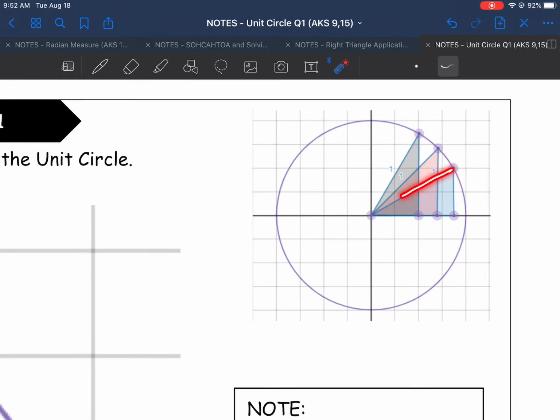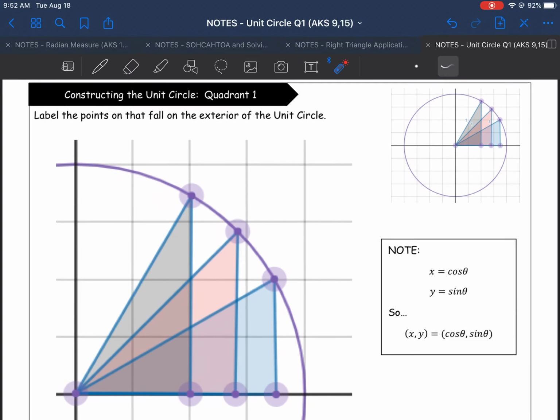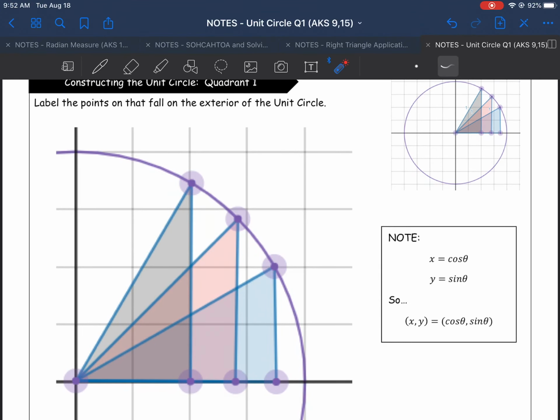So this was one of our triangles, this was our 45, 45, 90 triangle, and this was another one of our 30, 60, 90 triangles. What this allows us to do is come up with some very special points in the first quadrant of the unit circle. Taking all those triangles and writing the special points here, this is what we would get.